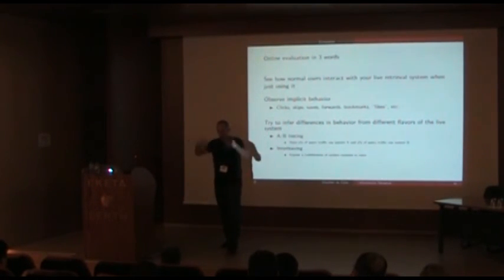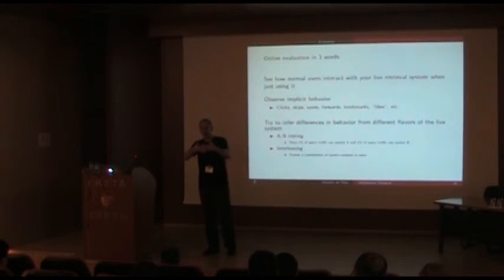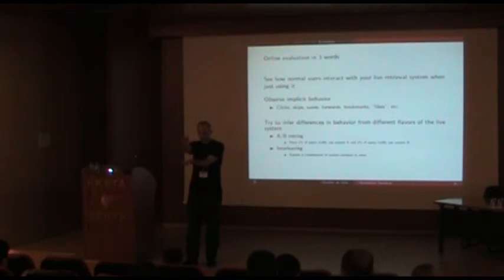We take those, we interleave them, we put them together somehow, and this combined ranked list is then shown to everyone. And then we observe the clicks. Suppose we get a click. Who contributed the document that got the click? Was it A or was it B?